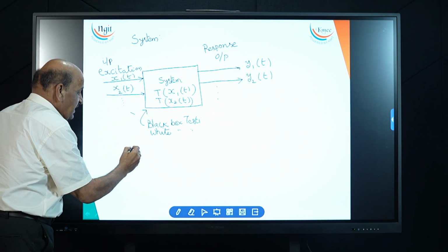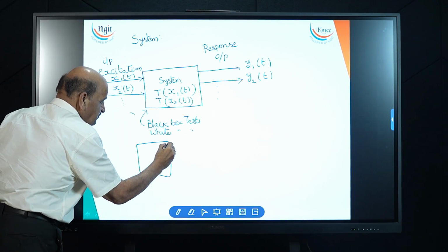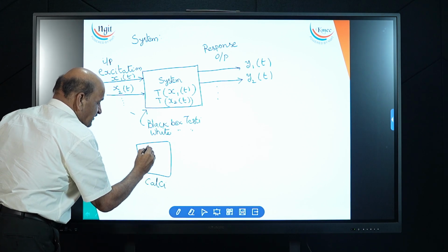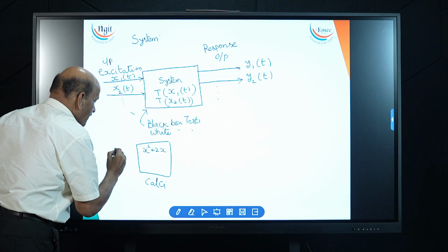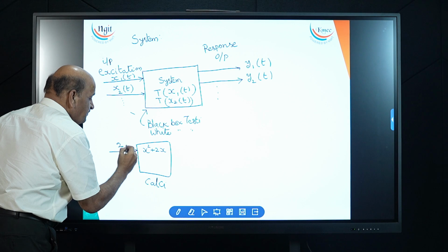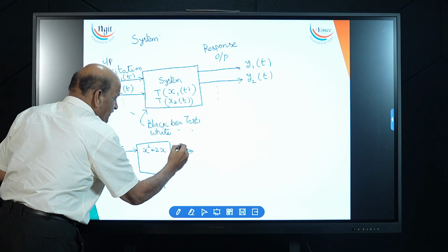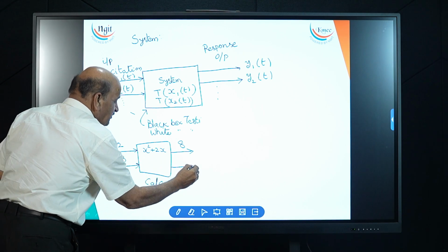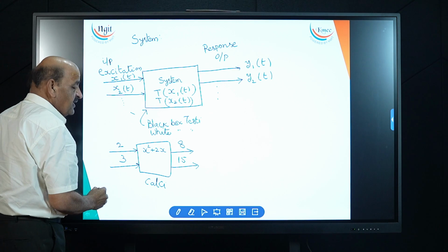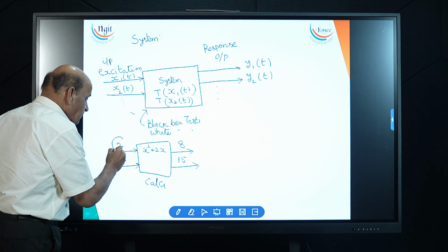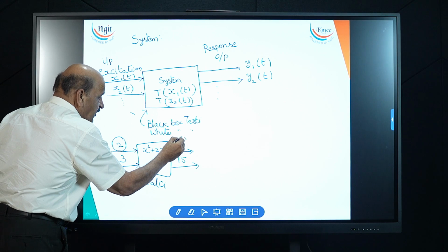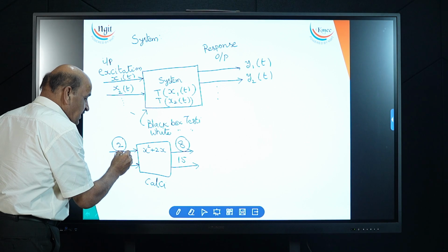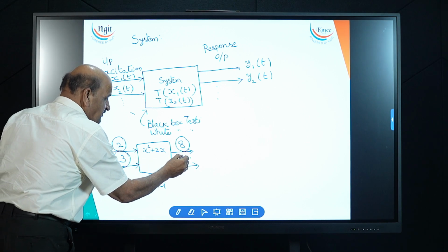For example, take your calculator. The function is x squared plus 2x. If you give the input equal to 2, what output does it give? 4 plus 4, that is 8. If you give the input equal to 3, it gives 15. The user gives input 2 and directly gets output 8, gives input 3 and directly gets output 15.